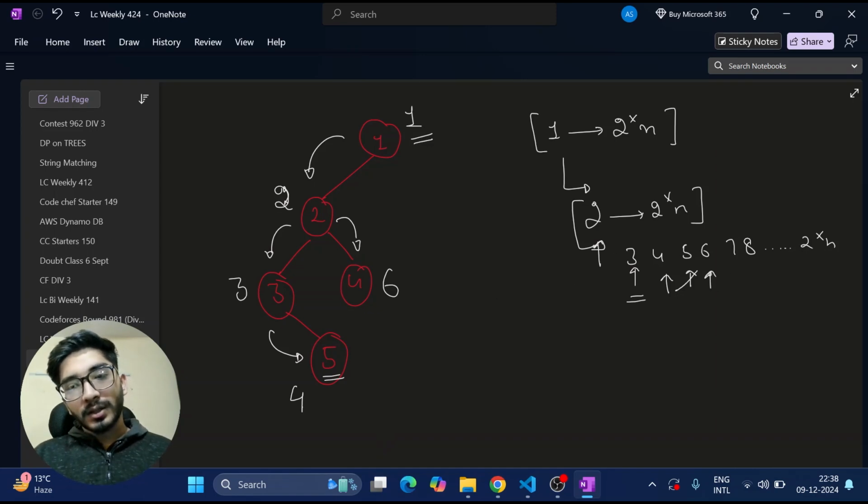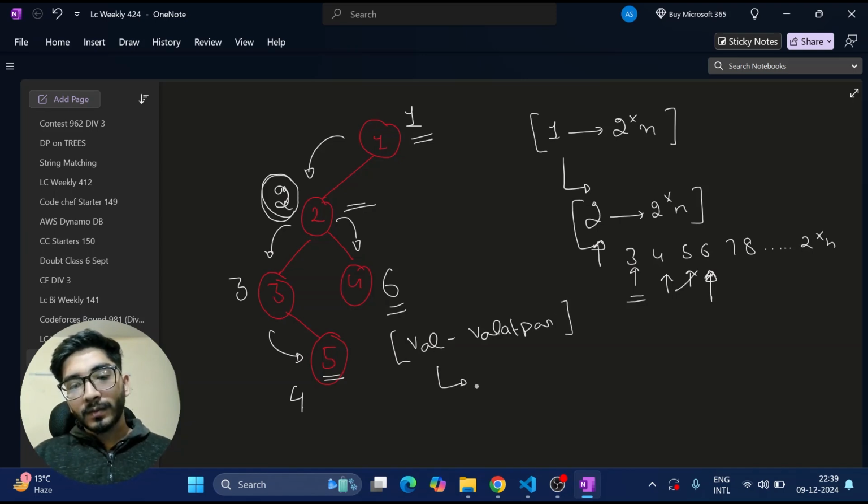So by just putting an iterator on this range and checking which value I'm going to put here, subtracted by the previous value that I initially put at my parent node. So if the value minus the value at parent is a prime, I know I cannot put this particular value here.